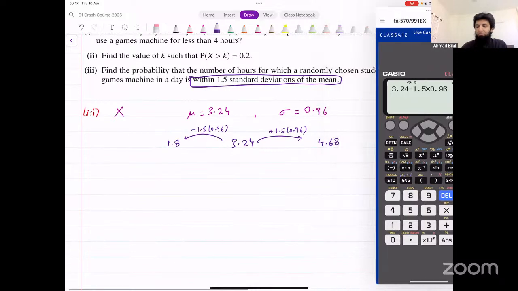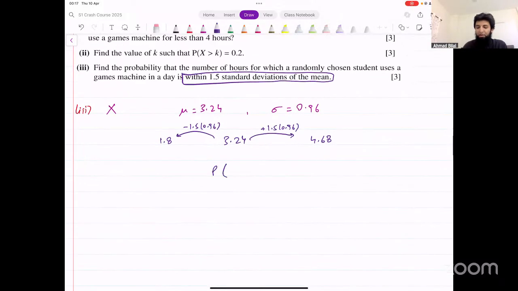You would say normally that the probability of X being between these two numbers, that's what you're looking for, right? That would be within 1.5 standard deviations.